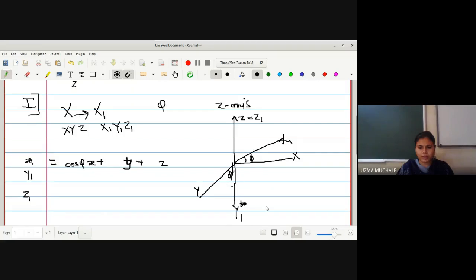Angle between x1 and y1 is 90 degrees, because we know that xyz is a 3D space as well as x1 y1 z1 is a new 3D space. So the angles between xy, yz and xz are all 90 degrees.